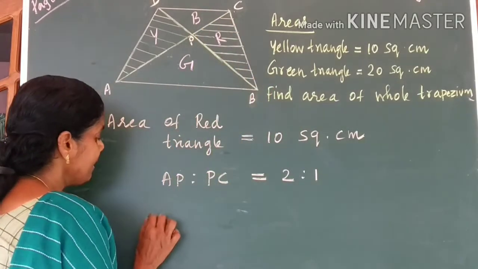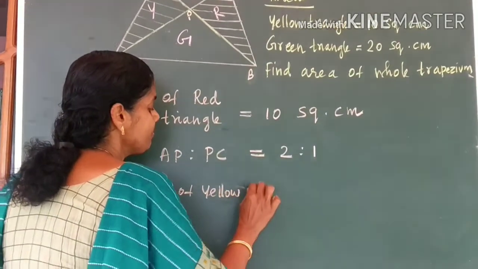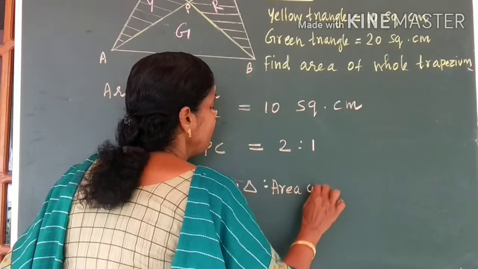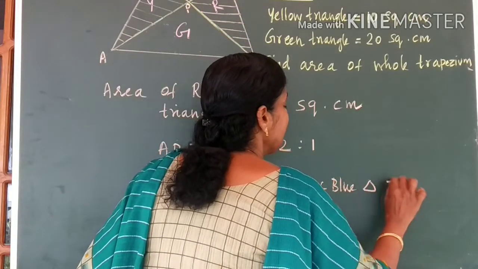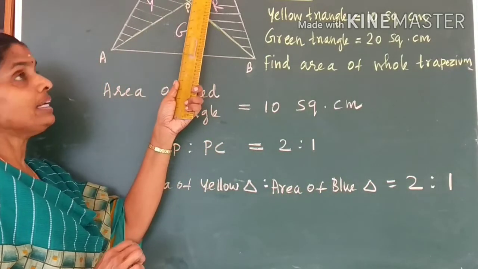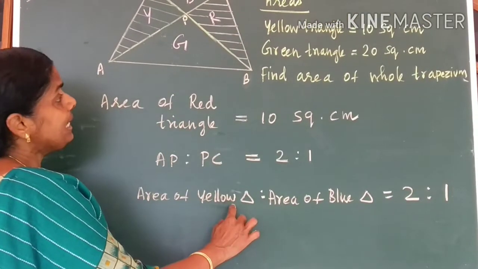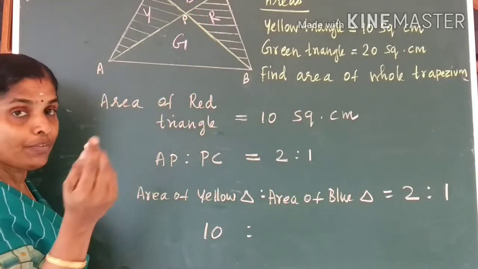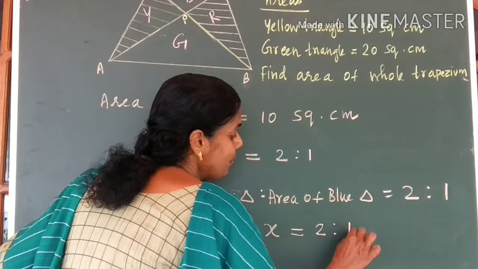So we can write area of yellow triangle is to area of blue triangle is equal to 2 is to 1, because we know areas are proportional to bases. Area of yellow triangle 10 is to blue triangle's area, we don't know, let us denote it by a variable x, is equal to 2 is to 1.